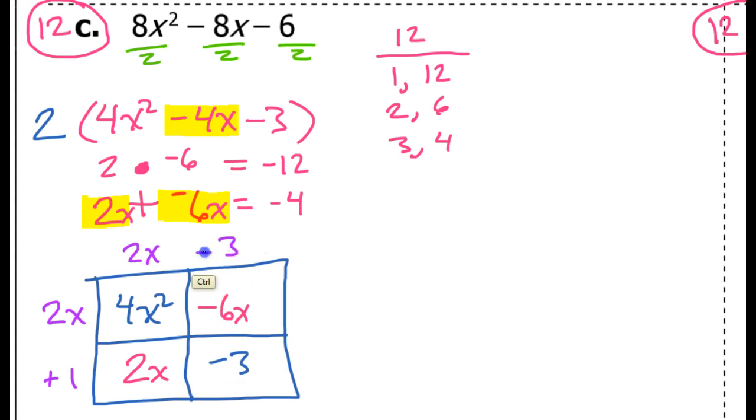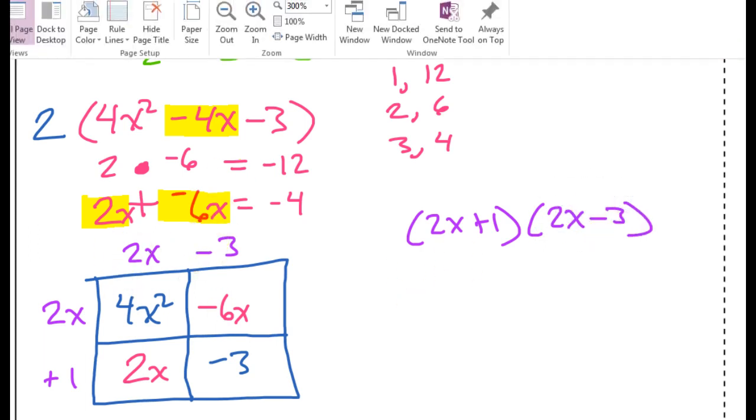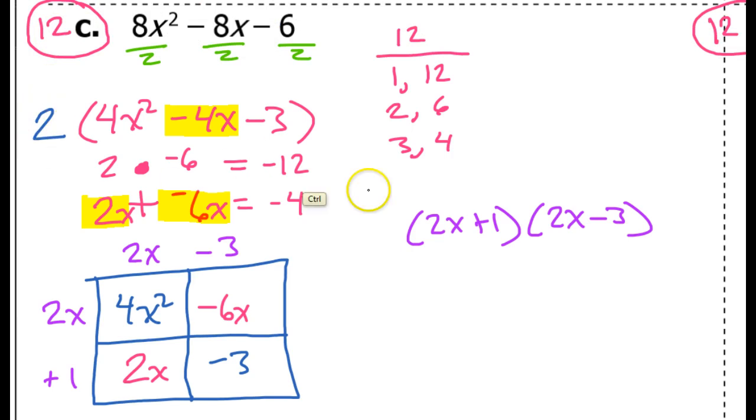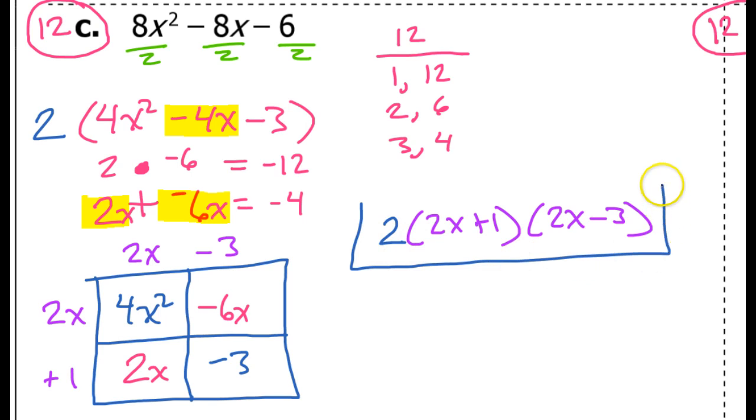Notice I call it negative 3 because the first term is negative. This gives me a binomial times a binomial. I will have 2x plus 1 from the left, and I will have 2x minus 3 from the top. However, do not forget about the GCF that we pulled out at the very beginning. That belongs in the final answer.